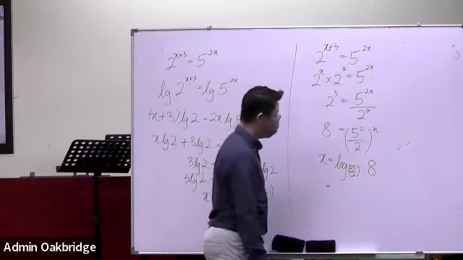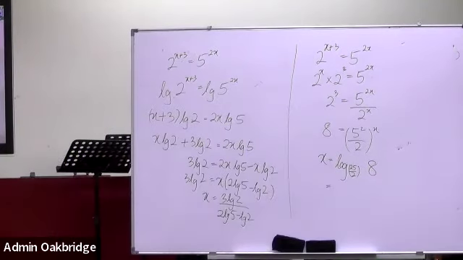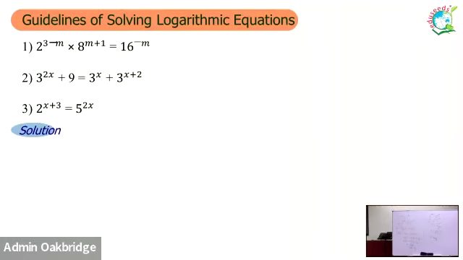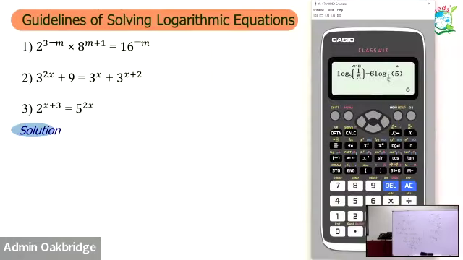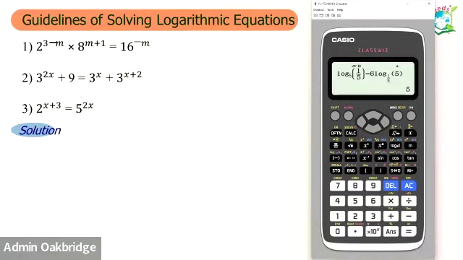So what do you get? Let me check. Okay, so it's 0.8233. How about the other one?